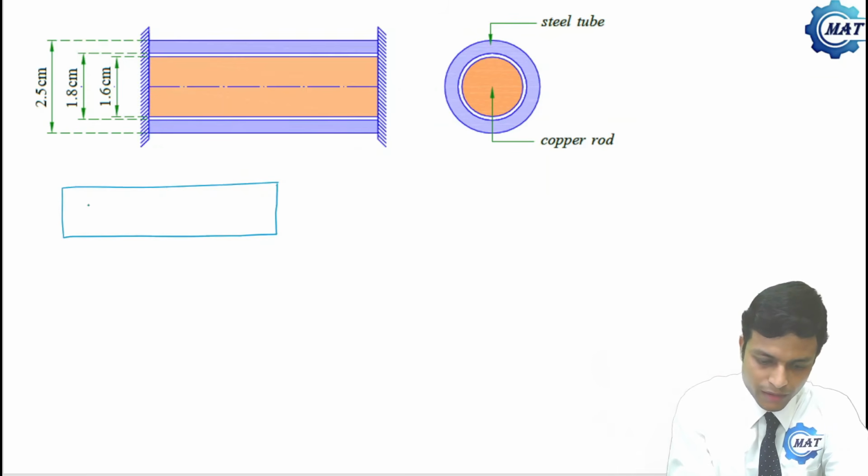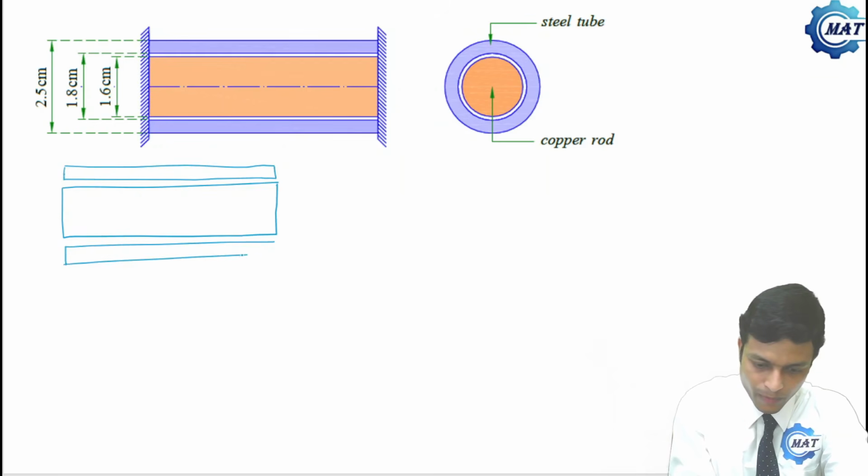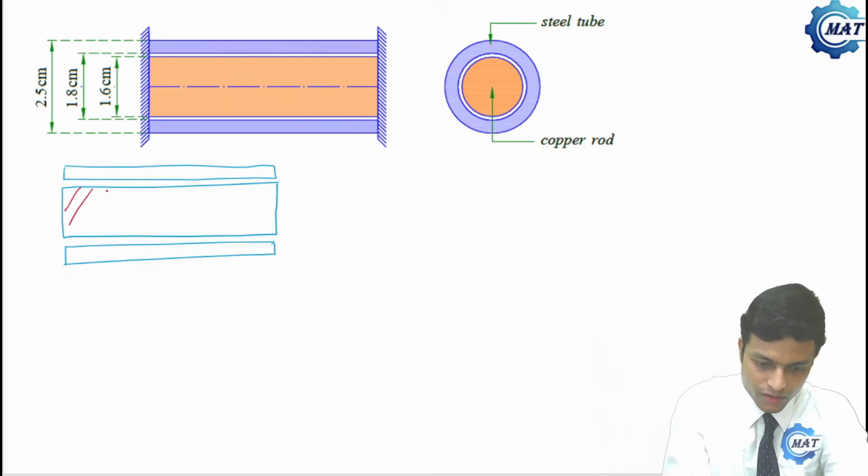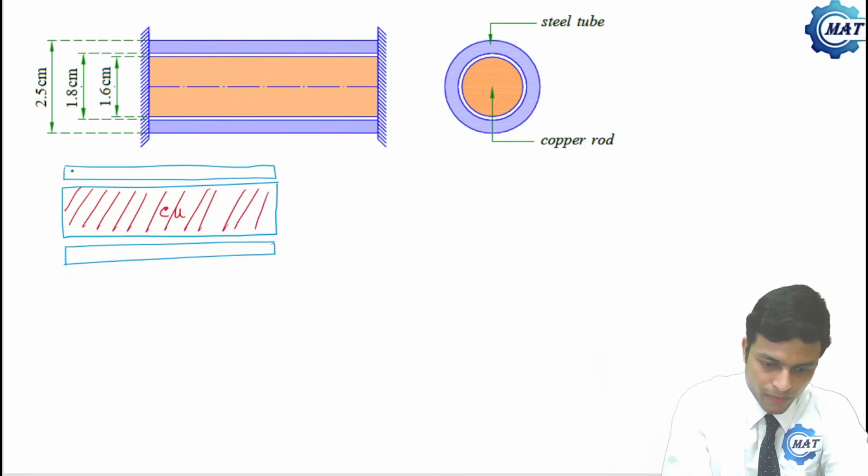Say this is the copper and this is the steel tube.